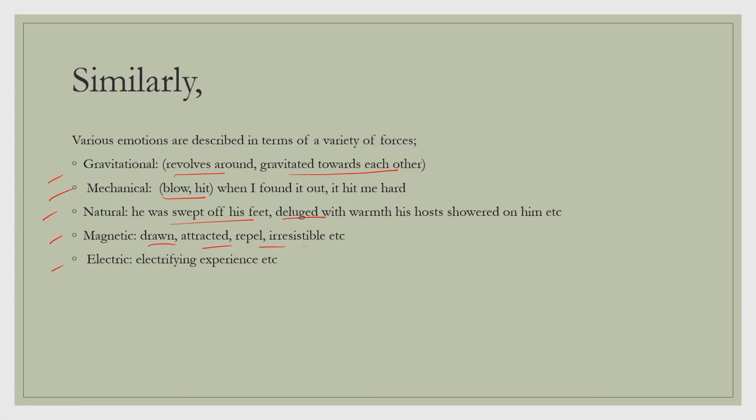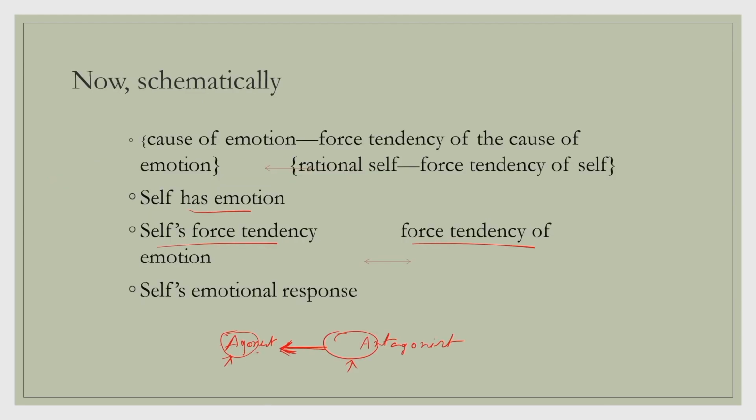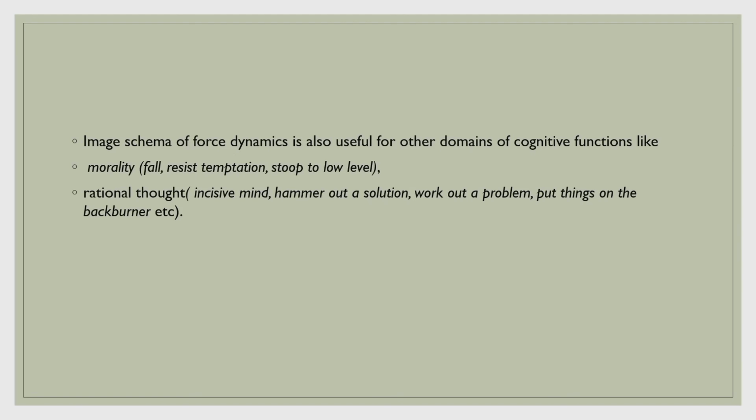Then magnetic: drawn, attracted, repelled, irresistible, and so on. So, the self's, the ego's, understanding of its own position with respect to emotional onslaught can give rise to various beautiful linguistic expressions.